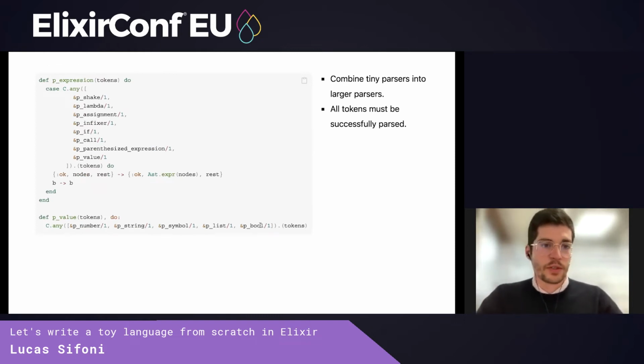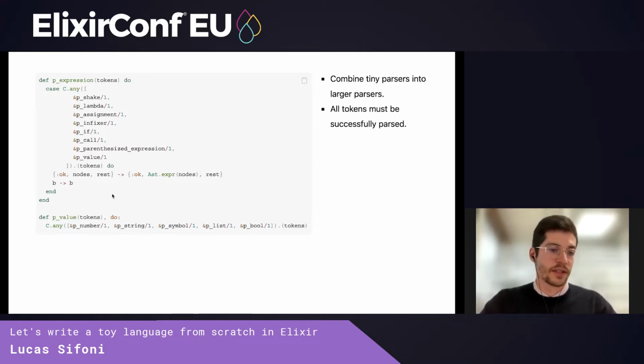The way that we parse the list of tokens is by combining very tiny parsers into larger parsers. So we can see that parsing an expression is a matter of successfully parsing any of a shake. We'll see what that is, a lambda, an assignment expression, an infix operator that I finally added, a condition, a call, an expression with parentheses, or a value.